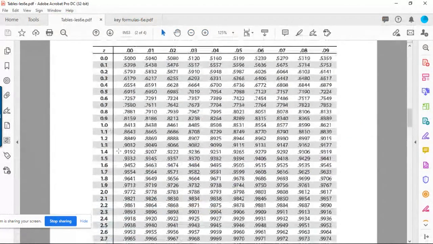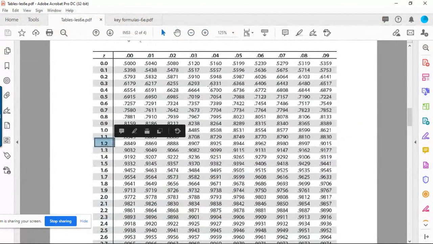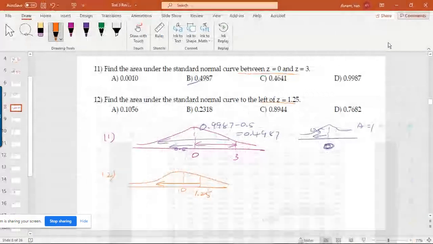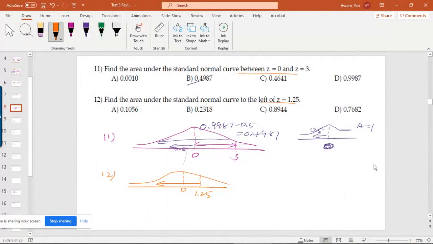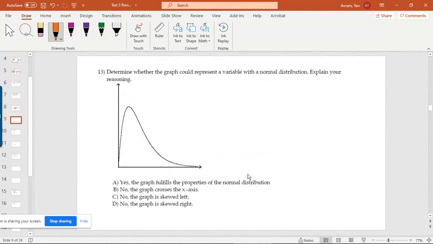If I go to 1.2 right here, 1.25, that's 0.8944. That would be the answer. That is pretty straightforward, just reading the table.